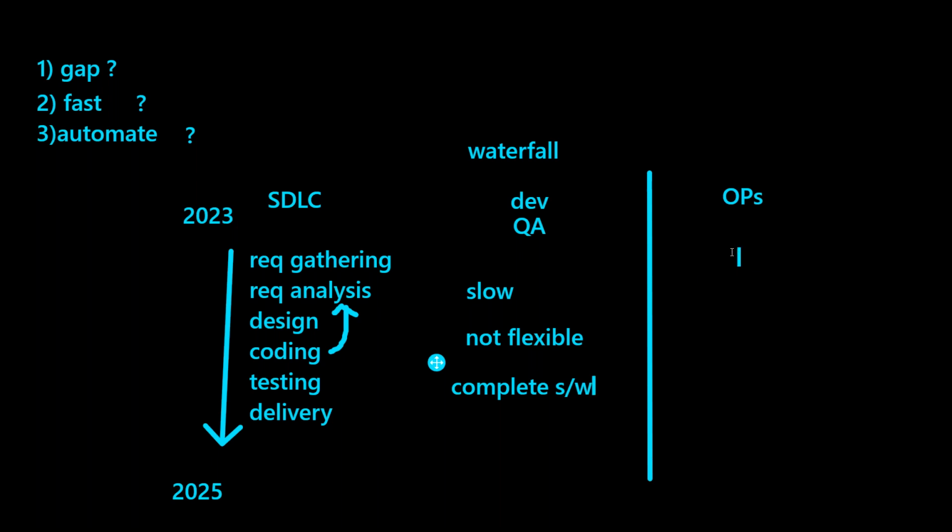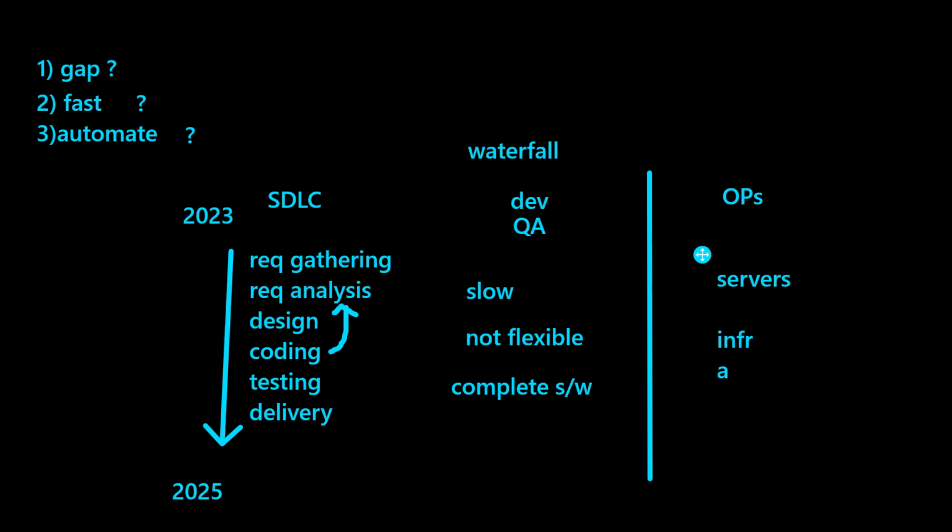Similarly, ops teams also face challenges. Because it's slow, they have to maintain servers for longer duration. Maintaining servers running for longer duration is again a challenge manually without using any tools, right? There is no proper configuration management, means there is no proper control over the infrastructure, and management was very difficult.